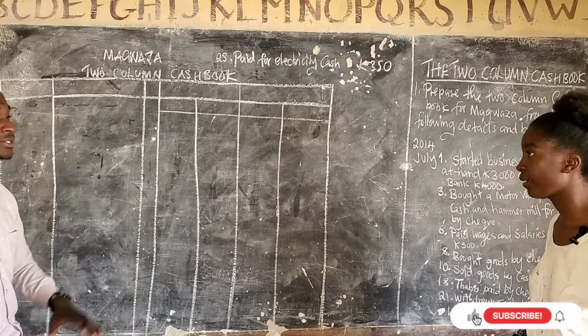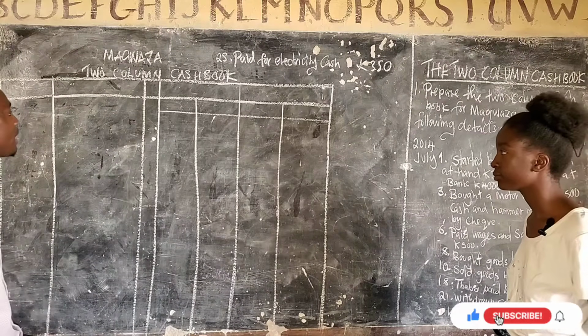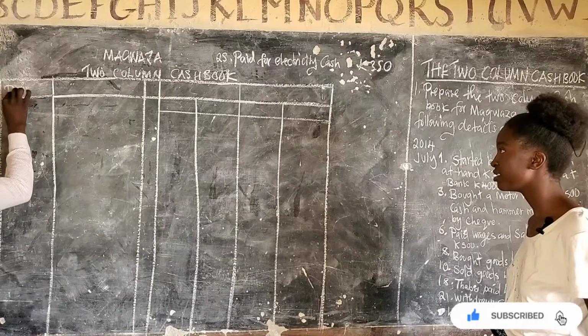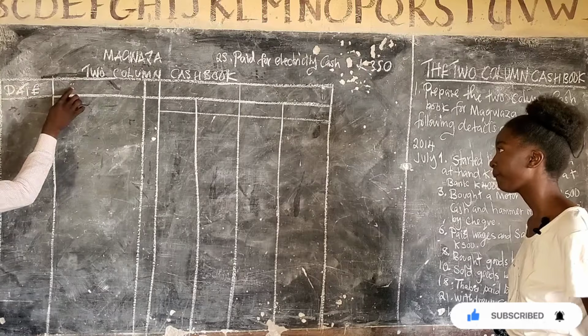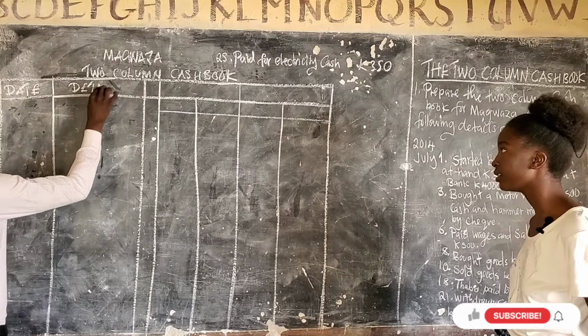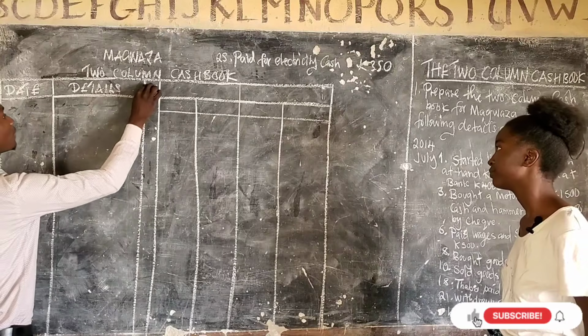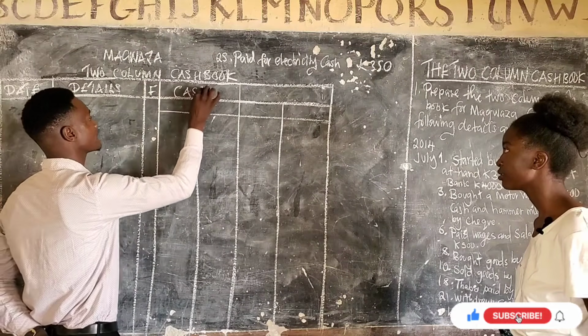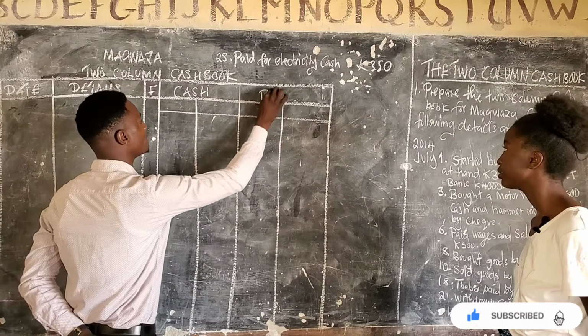Now, these are the columns that you should expect in the cash book. The first one is for date. This one is for details, particulars. This is for folio. This is the cash. This is the bank.